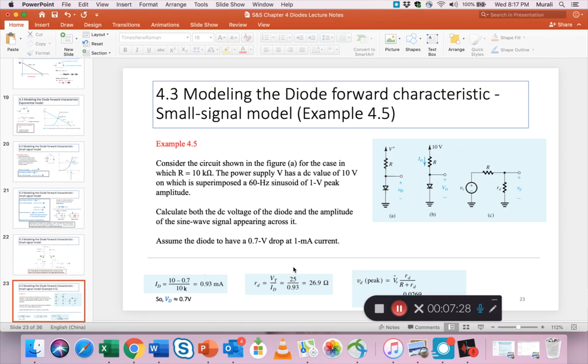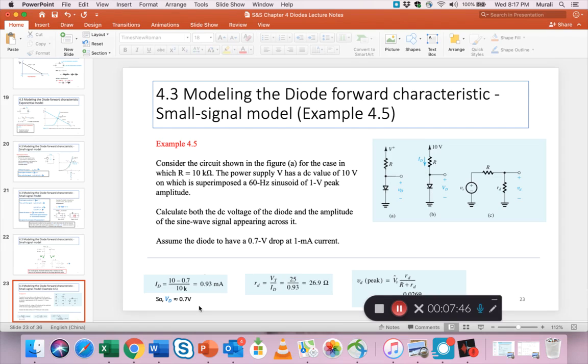The ripple has a peak of 1 volt, right? But can you see that also on the diode? So that's the question. Okay, last thing he is telling us is that the diode is a 1 milliamp diode, which means at 1 milliamp current it drops 0.7 volts across it.